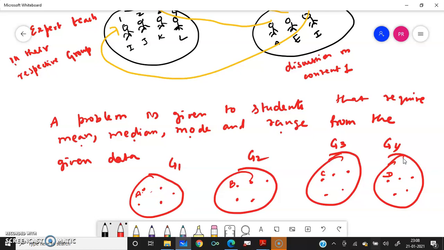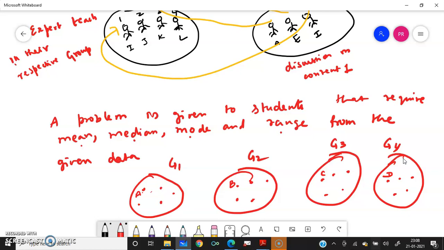Divide the lesson into 4 segments. What is the lesson here? First you have to understand the mean, second is median, third is mode, and then range. So divide the content into mean, median, mode and range. Then assign each student to learn a segment.